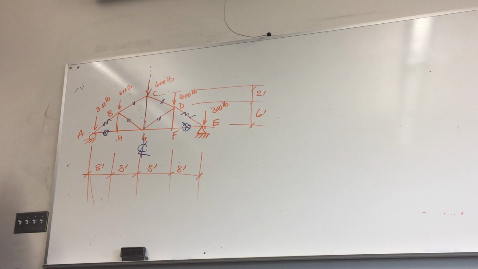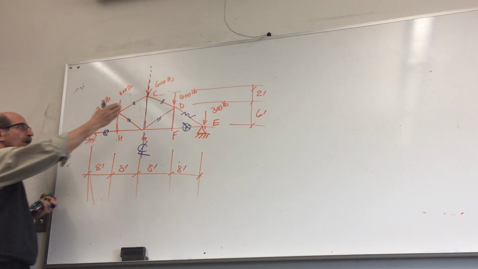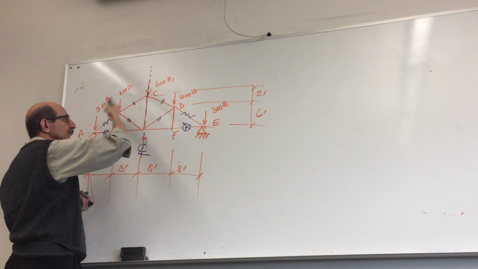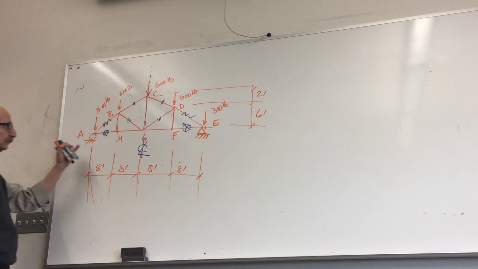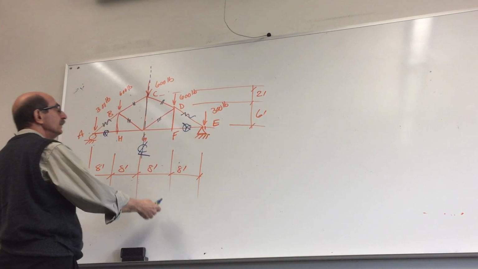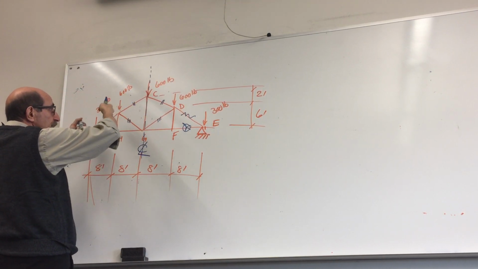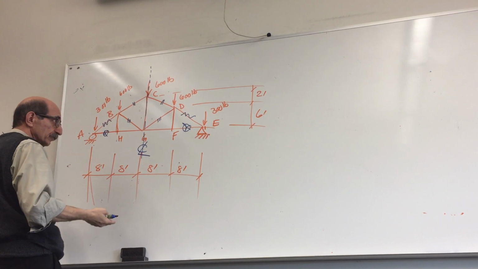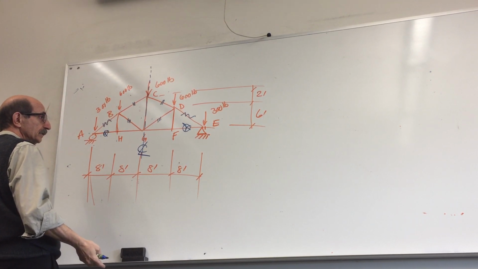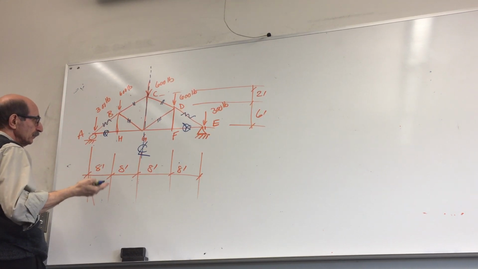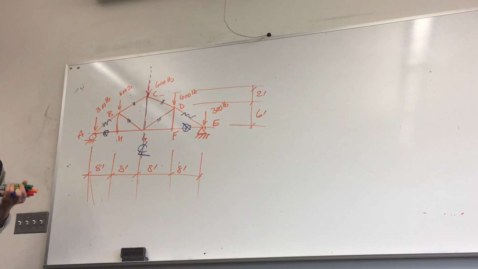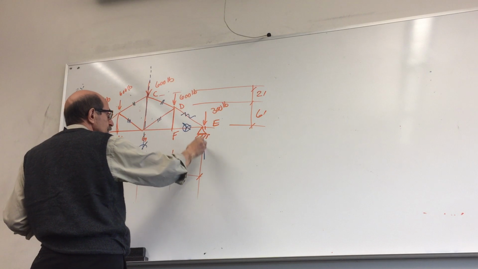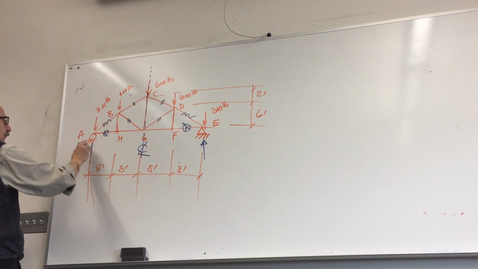That brings me to the next point. So all these forces are symmetric, right? And when it comes to the supports, if again the load is symmetric with respect to the line of symmetry, and you write summation of forces along Y, that would automatically tell you that half the load goes here, half the load goes here.